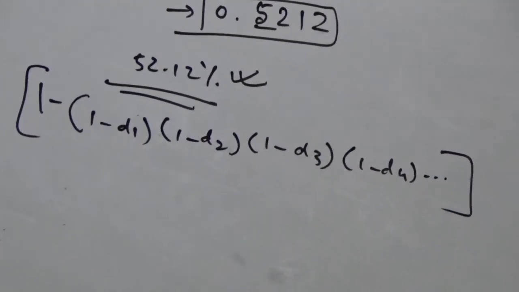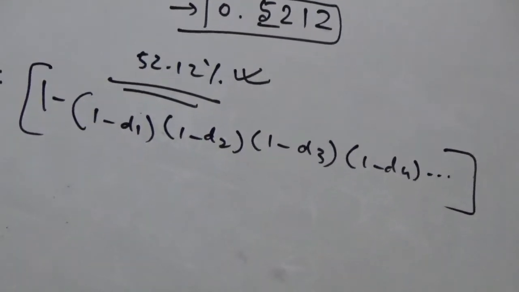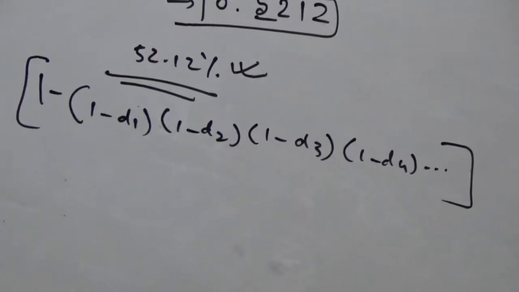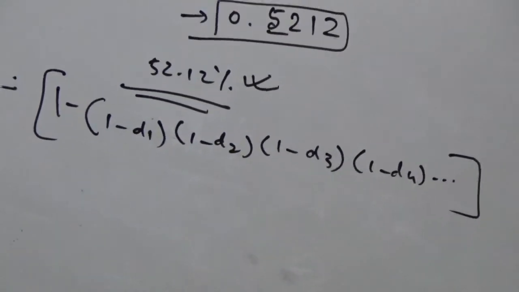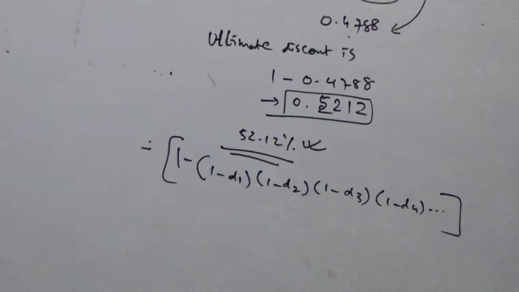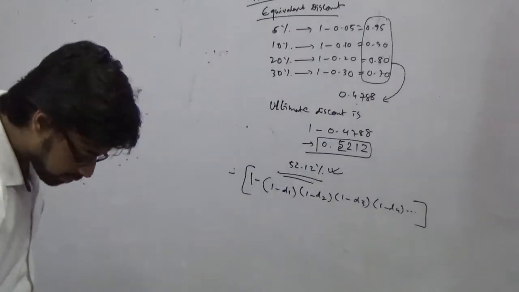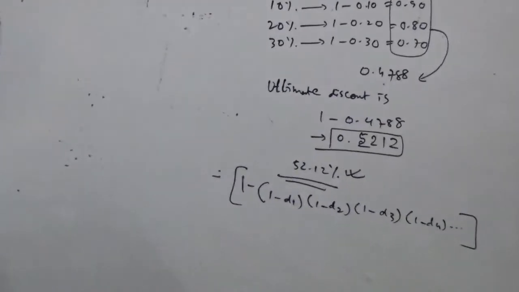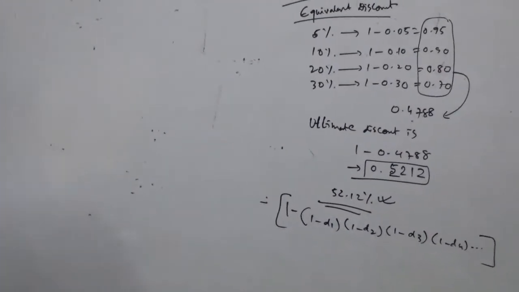The last bracketed term is the formula for finding equivalent discount. The last formula is useful for finding the value of equivalent discount. Okay, next.